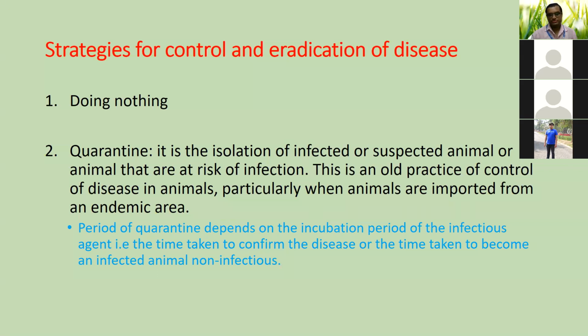The people who have confirmed cases of disease are isolated and quarantined until the patient becomes non-infectious. So that was the basic principle or idea of quarantining animals or humans.